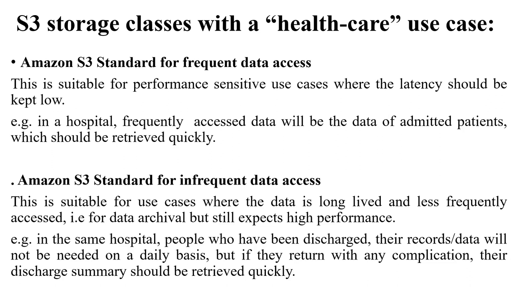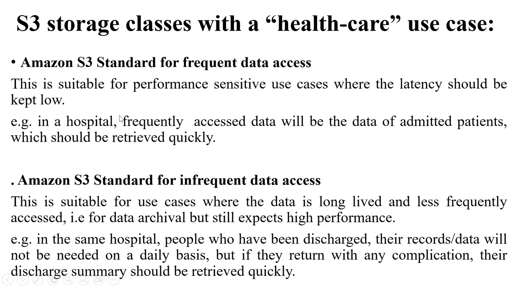AWS provides different storage classes, so from the point of view of data object access, we can use these storage classes. If you have data required very frequently, without latency issues and with fast downloads, keep those objects in the frequent data access class, the standard class.